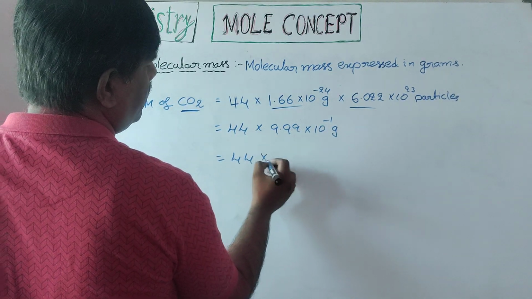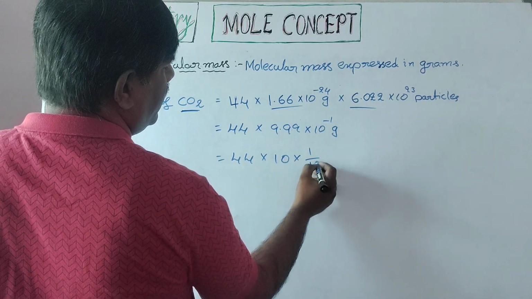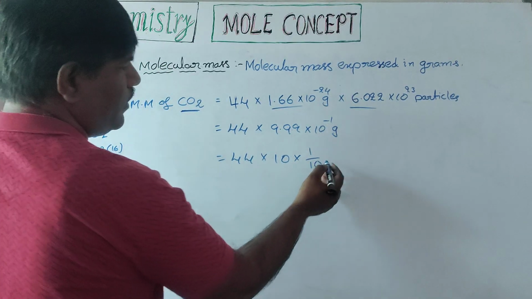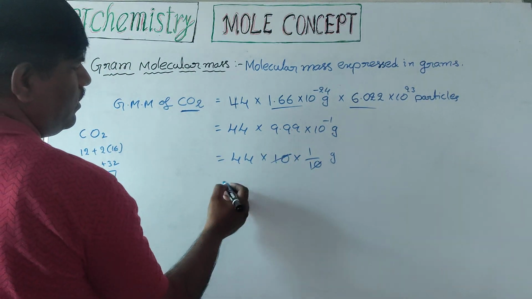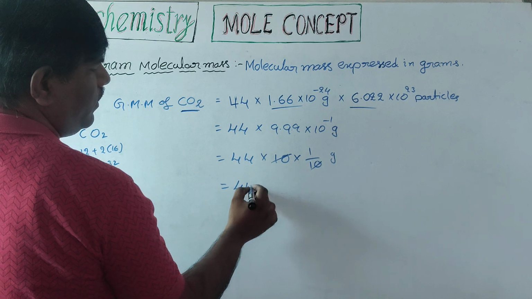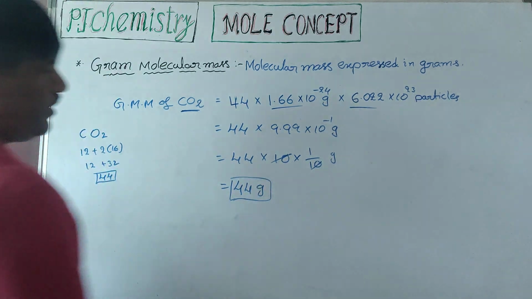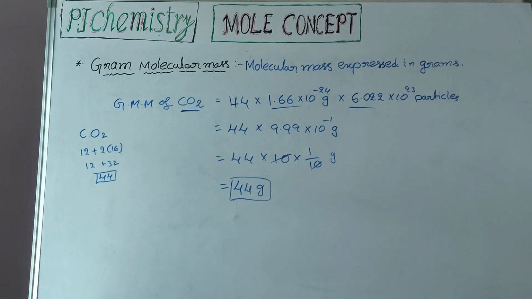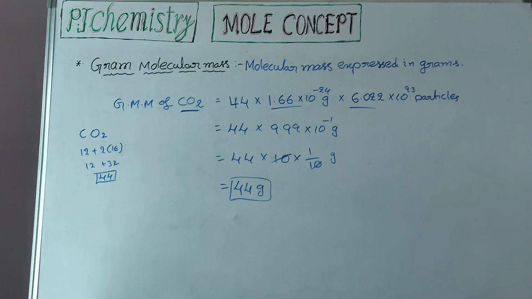44 into 9.99 is nothing but 10, round value, 1 by 10. 10 power minus 1 is nothing but 1 by 10 grams. The 10s get cancelled. Remaining 44 grams. Okay, this is about gram molecular mass.